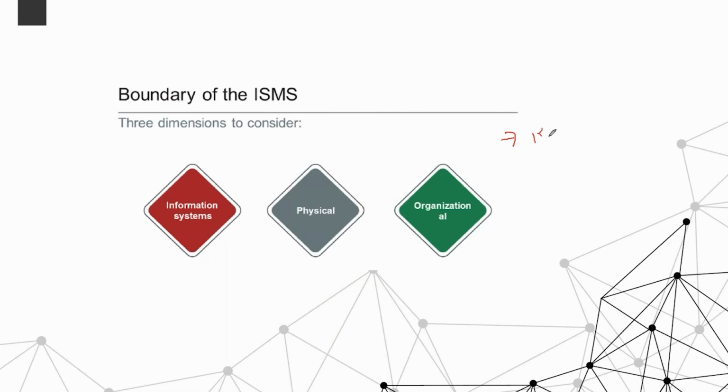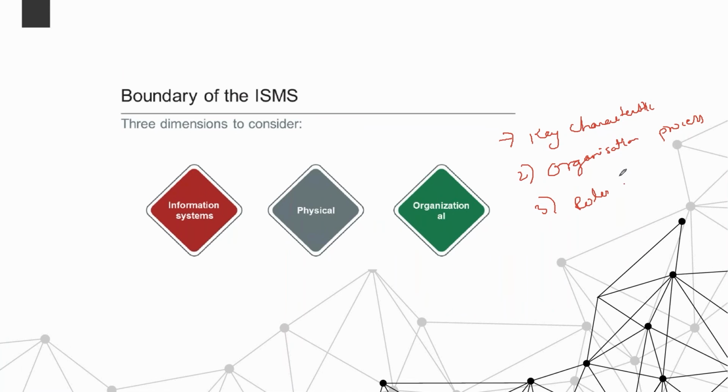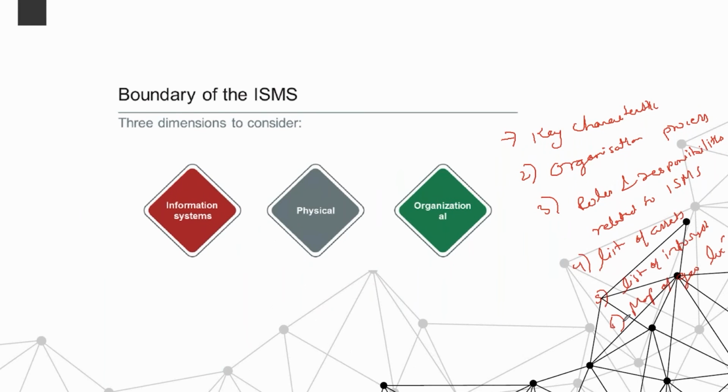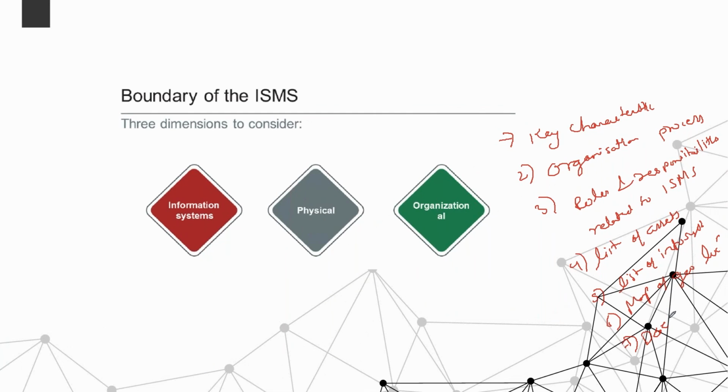First point will be the key characteristics of your organization, then your organization process, then roles and responsibilities related to ISMS, list of assets, list of information systems, and the detailed reason for all this information, that means your documentation.